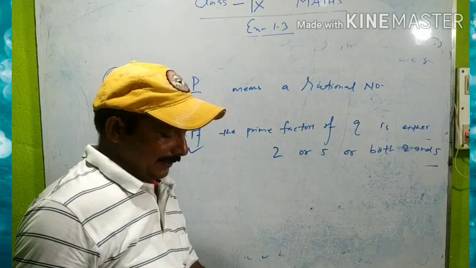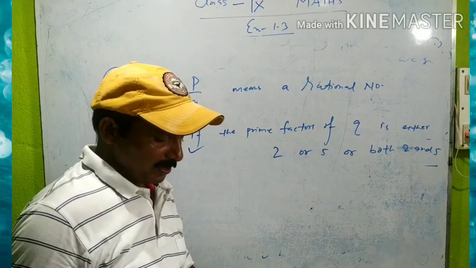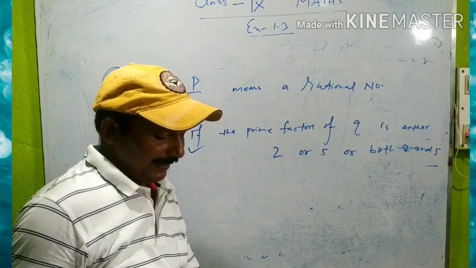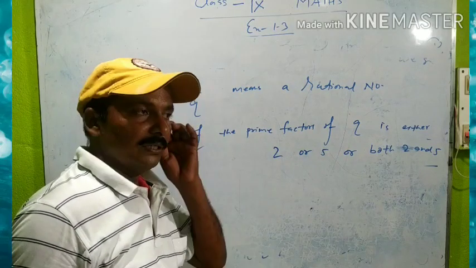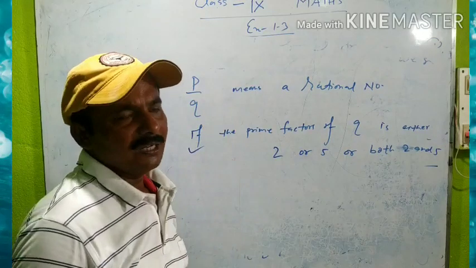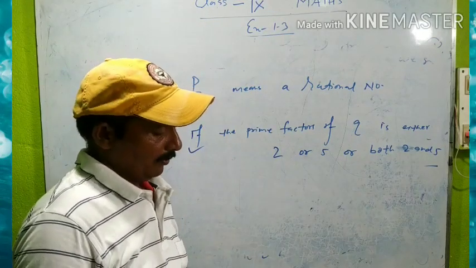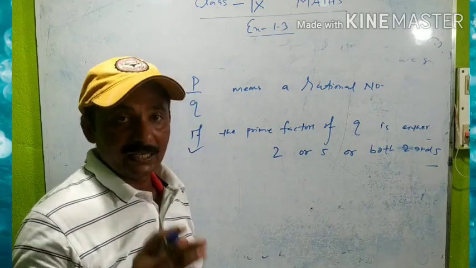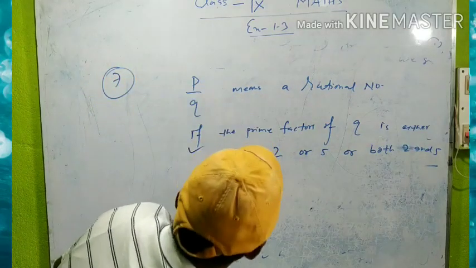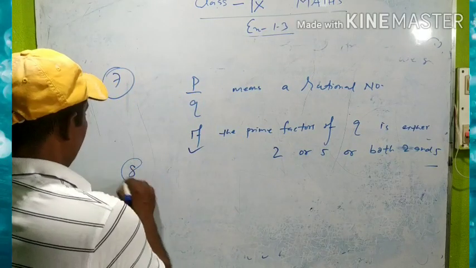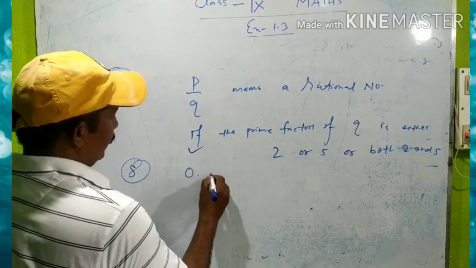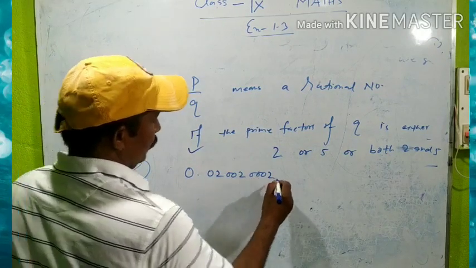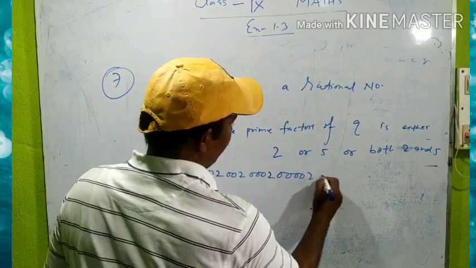Question number 8: write 3 numbers whose decimal expansions are non-terminating and non-repeating. I think there are uncountable examples. Non-recurring means non-repeating. Like you can write 0.02002000200002, and so on.